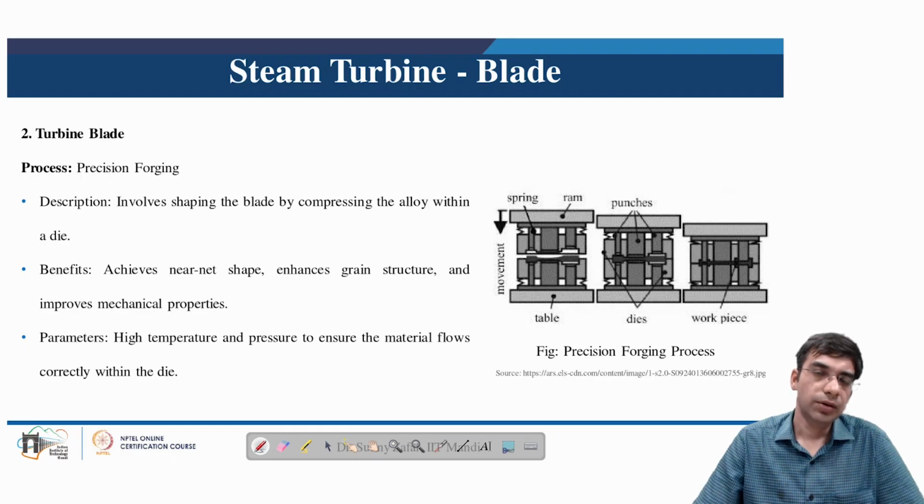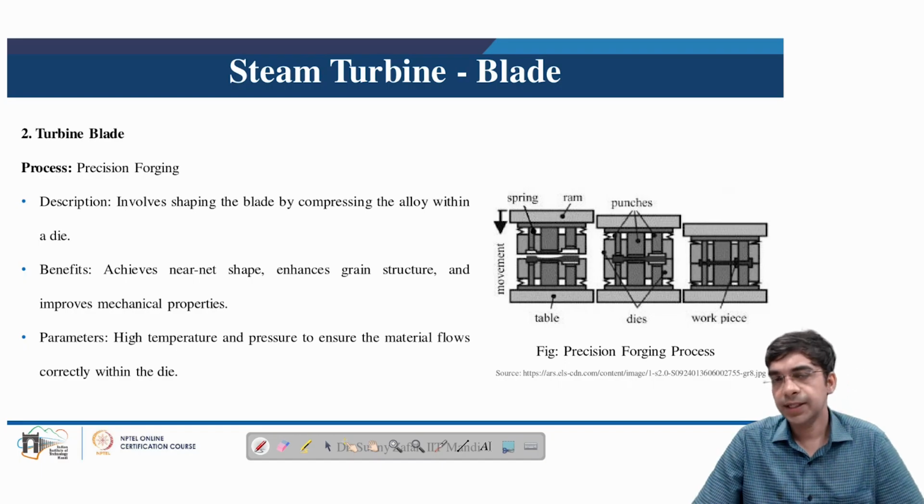What happens in all these deformation processes is that by application of force, the forces lead to generation of stress. This stress is often beyond the yield point, and it functions in the plastic deformation zone, and the stress value is always less than the ultimate tensile stress, so that final fracture of the component does not take place. Under the influence of the plastic deformation stresses, the material just flows, or the shape of the material is changed.